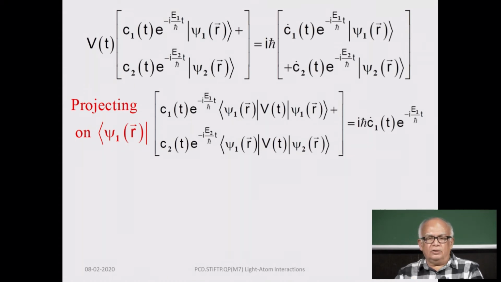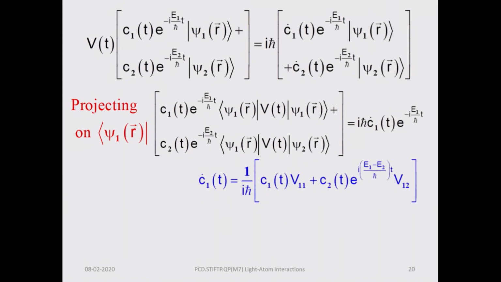Okay. So, when you take the projection on psi 1 of this relation, the term involving the integral psi 1 psi 2 will disappear, because psi 1 is orthogonal to psi 2. And the other term will give you the matrix element of the interaction operator V in the states which are involved.